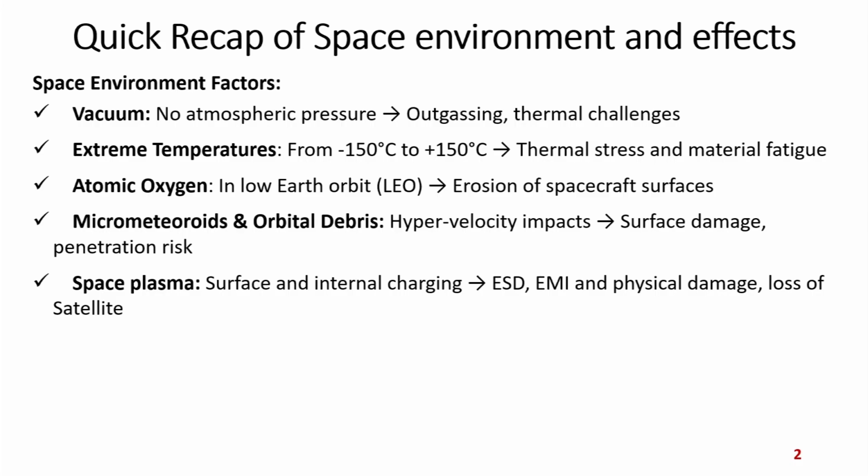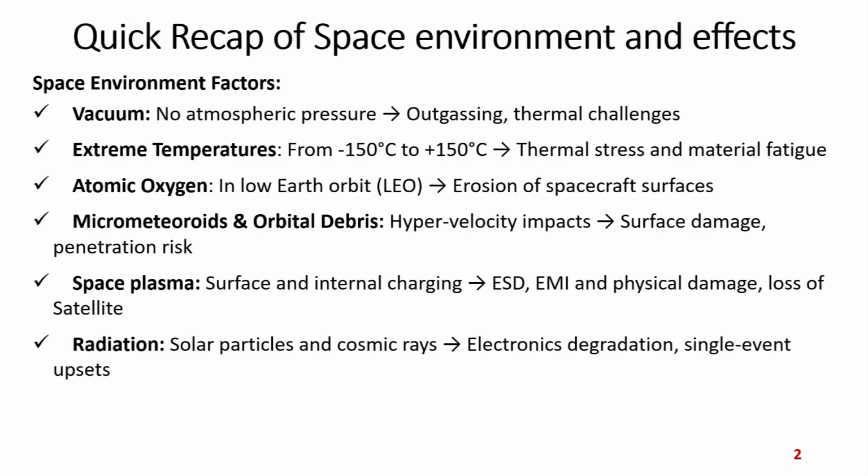As a result of this spacecraft charging, we have ESD, electrostatic discharge, then electromagnetic interference, physical damage because of overheating, and disruption of the communication and navigation systems, and there can be the loss of the satellite.